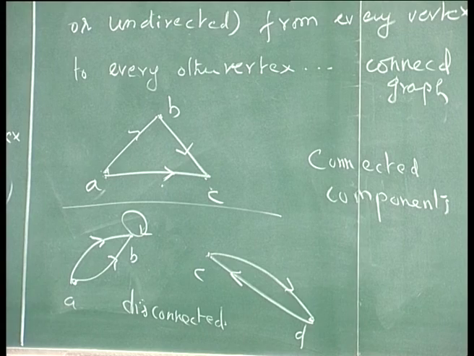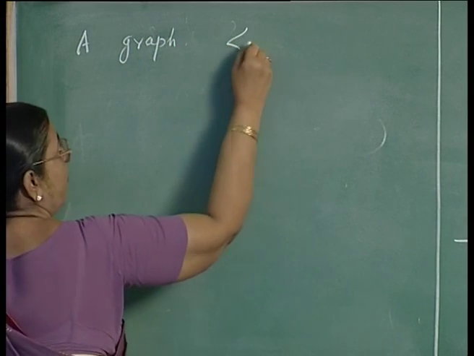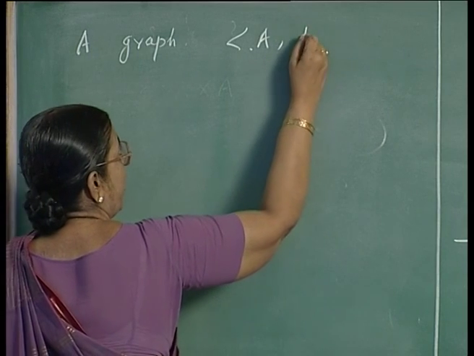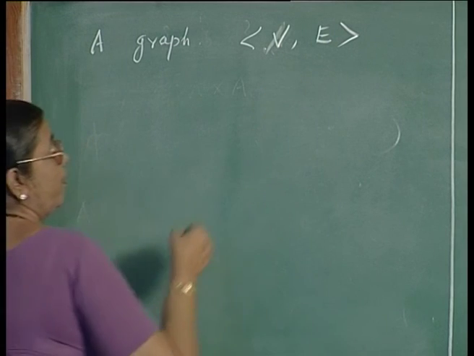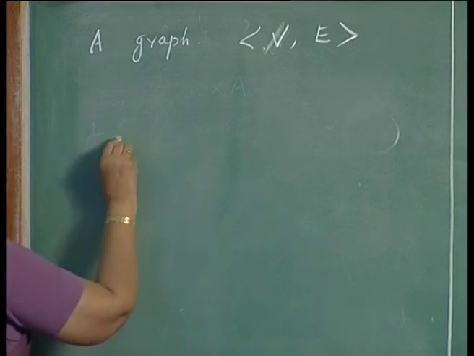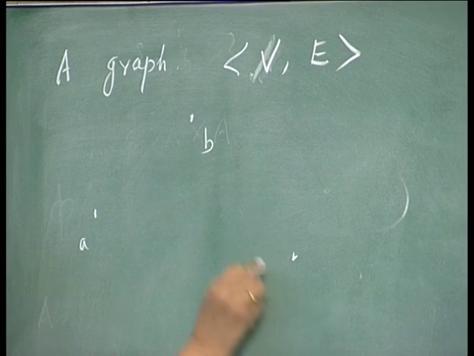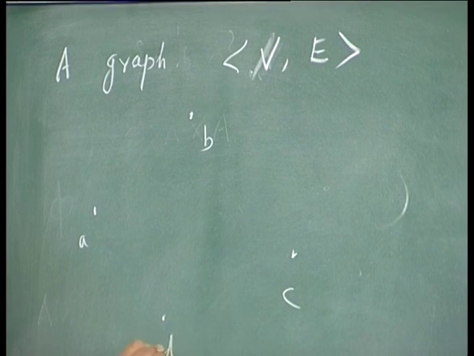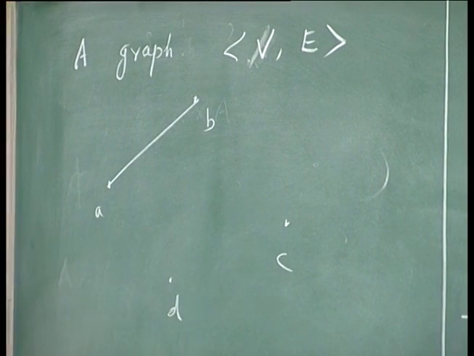Here again a graph means an ordered pair, or I will rather put it as V and E. V is a set of vertices and E is a set of edges. For example, it can be represented like this, say A, B, C, D, and now there is no arrow here.